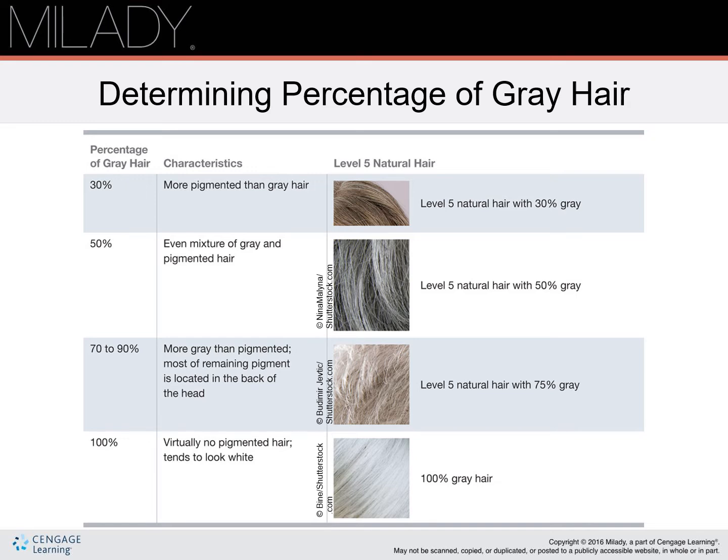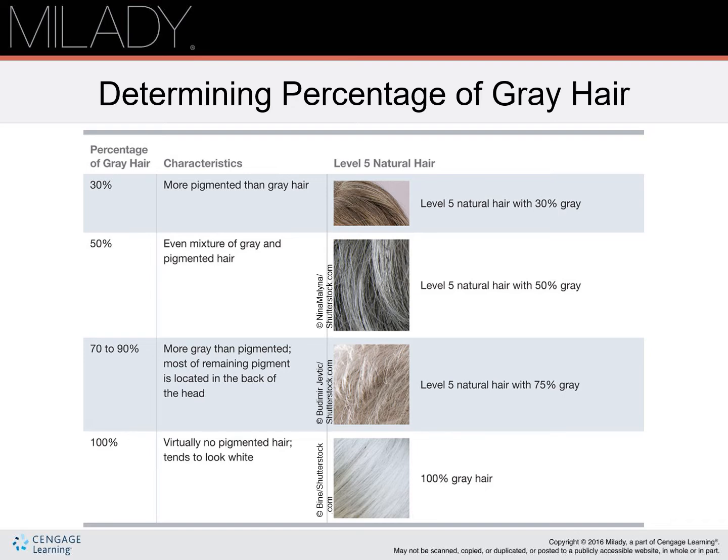Okay, now then we're going up to 50%. So the characteristics of 50% gray hair is an even mixture of gray hair and pigmented hair. So this is what I was talking about when I said salt and pepper hair. This is a level 5 natural hair. It is 50% gray. Then you have 70 to 90%. This is more gray than it is pigmented.